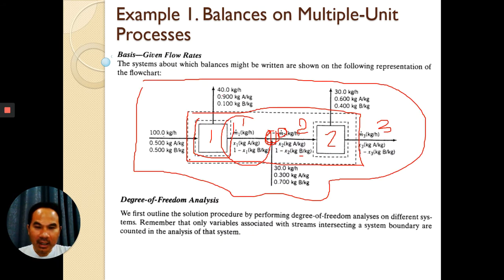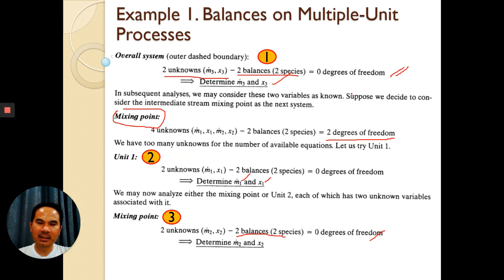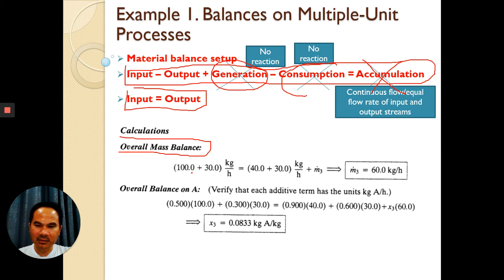Overall, we have two inputs: 100 kilograms per hour for this stream plus 30 kilograms per hour for this stream equal to 40 plus 30 plus M3. You have to specify the unit also. 100 plus 30 kilograms per hour equal to 40 plus 30 kilograms per hour plus M3. Then you can solve for M3.